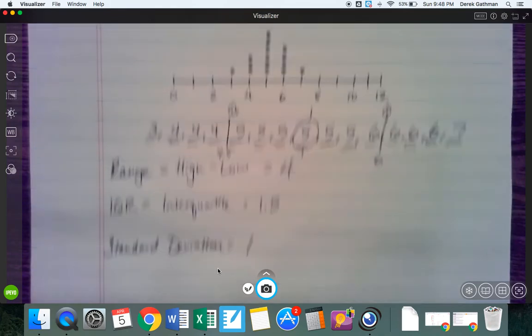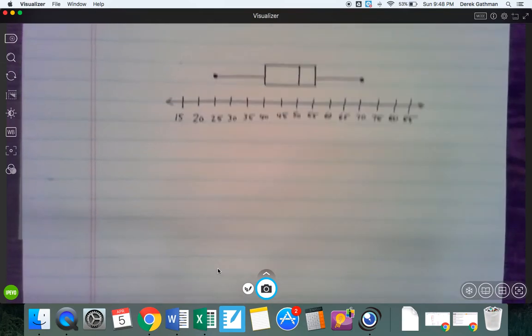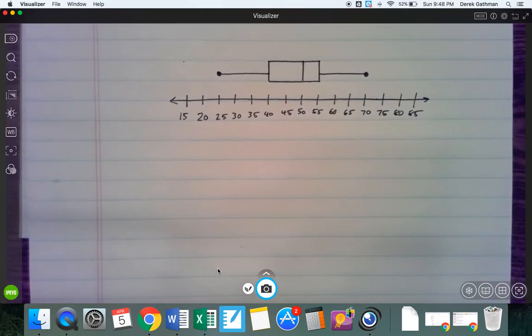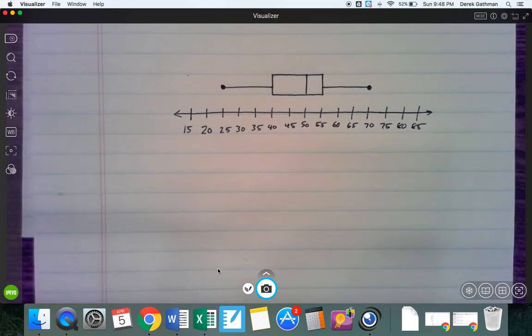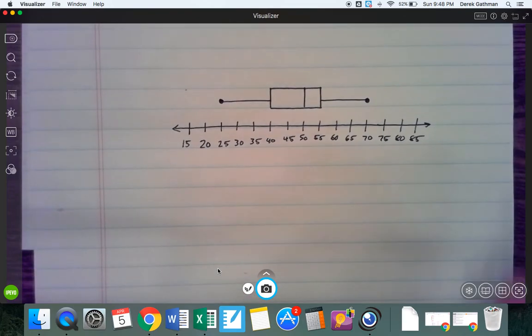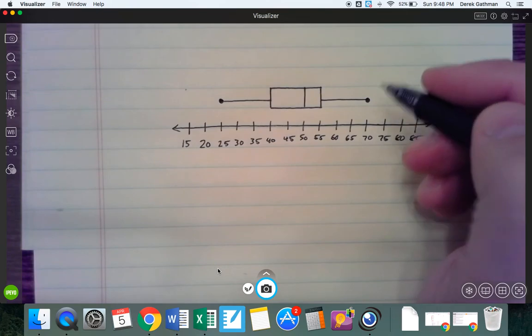The other way you're going to see it is possibly off of a box plot. This is something you should have seen in junior high, maybe 5th or 6th grade. We talked about box and whisker plots. I'm just going to go through the main pieces and what we can find from here. In this box and whisker plot, it doesn't give us the individual data, but it does give us some important stuff.